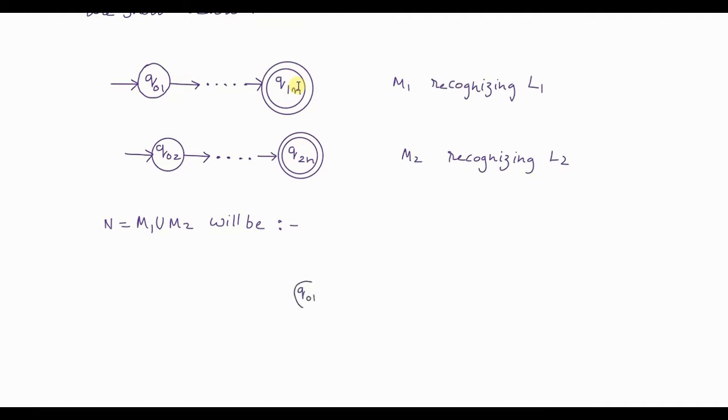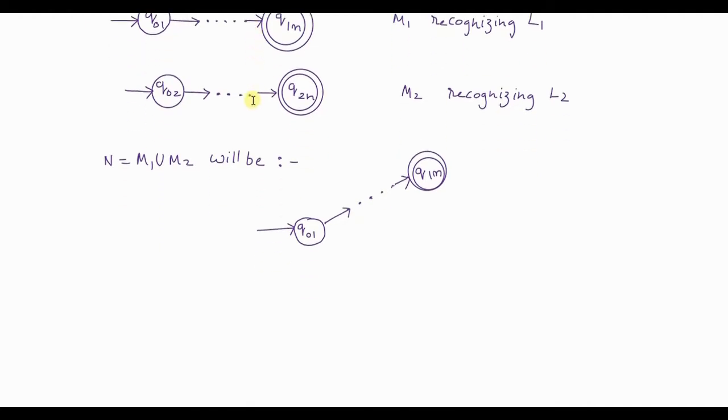Q01 is the initial state of that machine M1, and I have assumed that there are more transitions and states which are not shown, and Q1n is supposed to be the final state of that machine. So just assume that this is that machine M1.